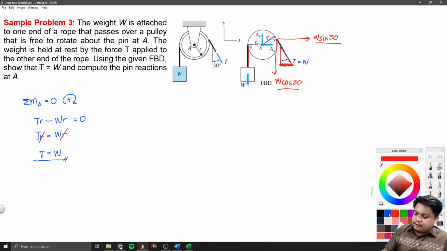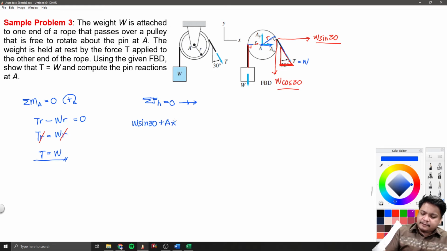Okay? I can now take the summation of forces horizontal equal to 0, and I will make everything going to the right positive. I have W sine of 30, and then I have AX here, so plus AX. Okay? Is there anything else? None. So you will have this equal to 0.